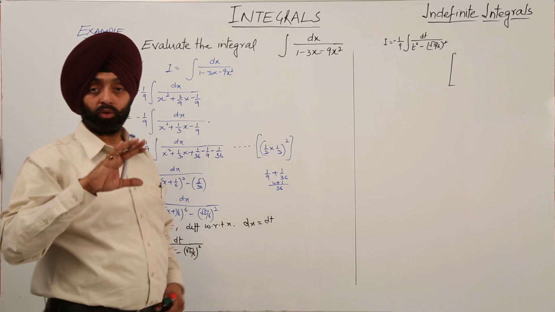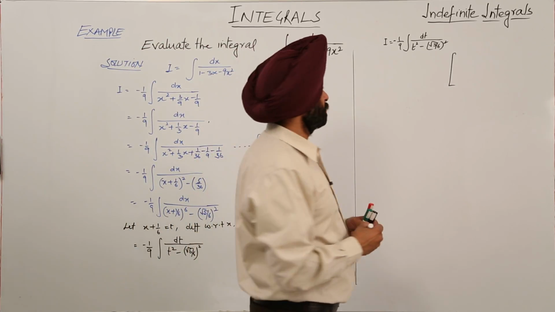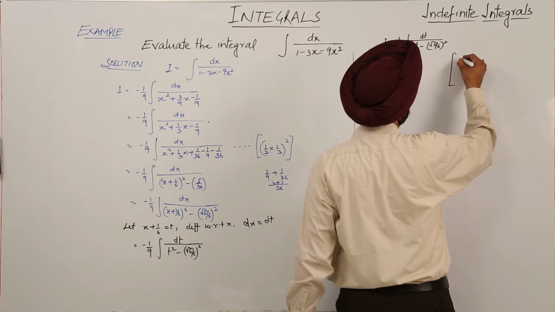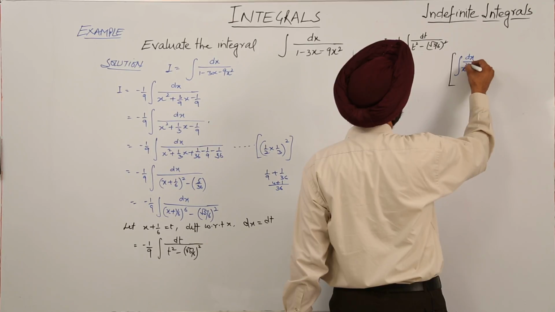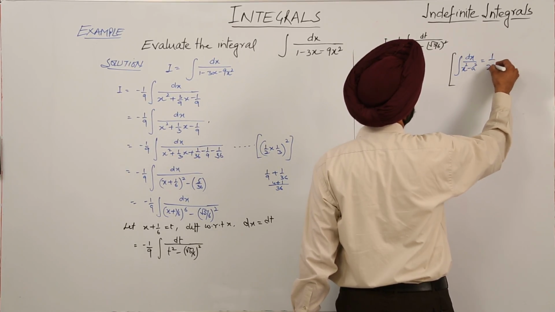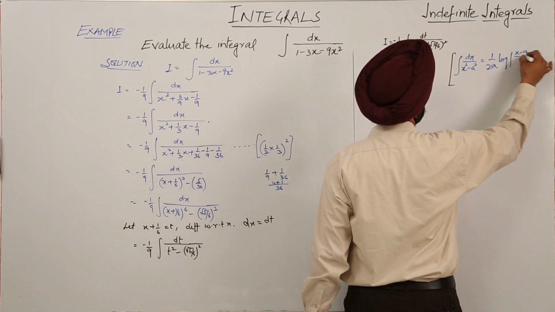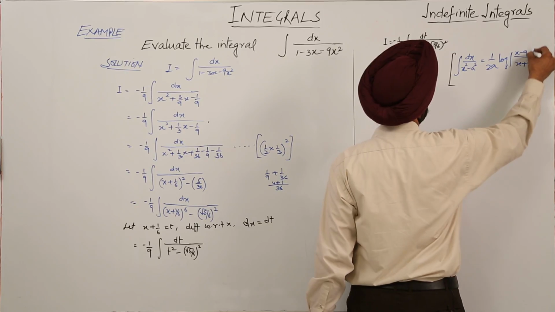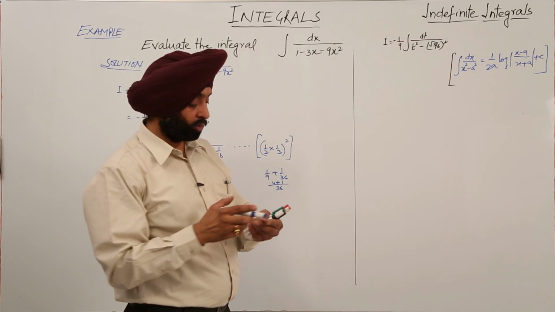Number one, the question cannot go wrong, and number two, you will learn the formulas. So integration of dx upon x square minus a square is equal to 1 upon 2a log mod of x minus a upon x plus a plus c. So always write the formulas.